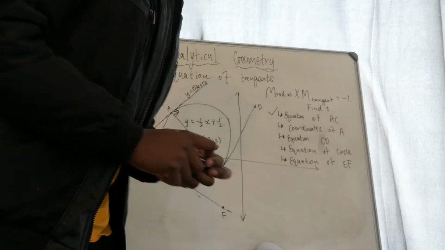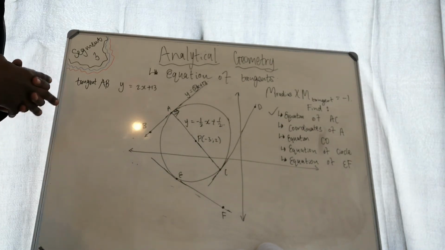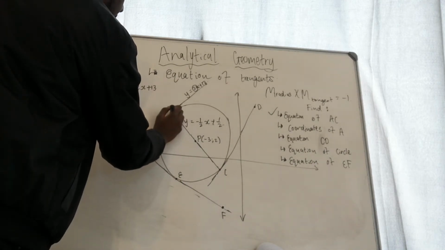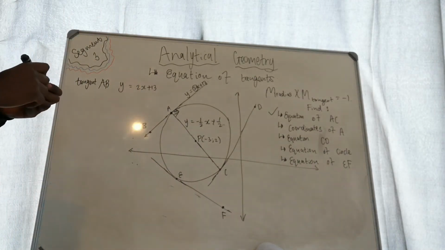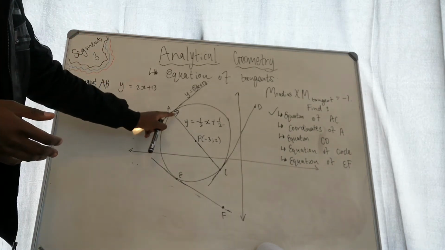Question 2 says calculate the coordinates of A. And A is right there. So you guys think through it. How do I find the coordinates of a point right there?